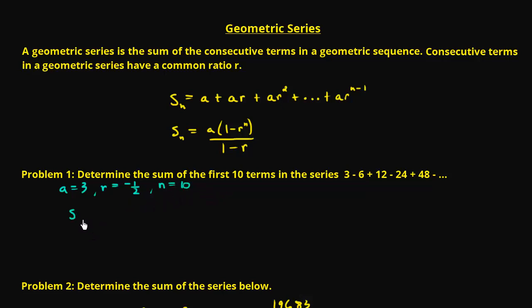So the sum of the first 10 terms, using the formula that we derived, is going to be equivalent to 3 times 1 minus negative 2 to the power of 10, all divided by 1 minus negative 2.